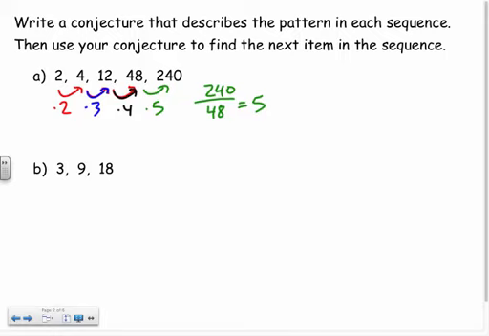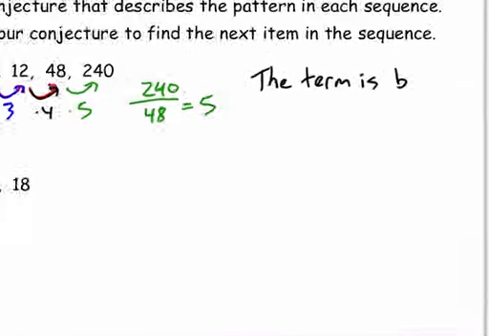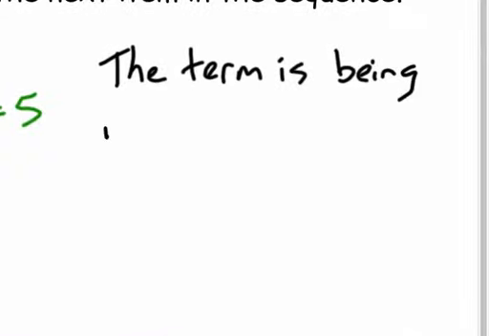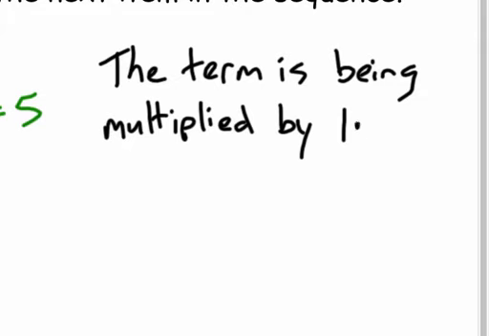So there's my pattern. I'm multiplying by the next number. So you have to state that to me as your conjecture. You could say something like, the term is being multiplied by 1 more than the previous term.